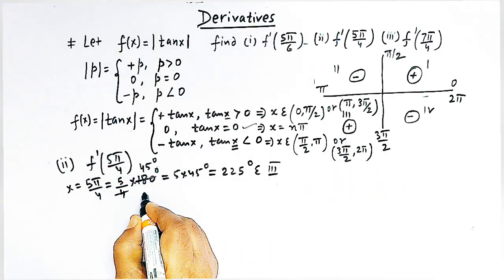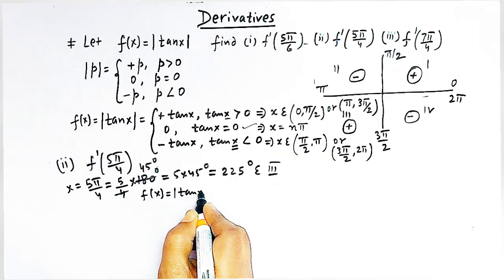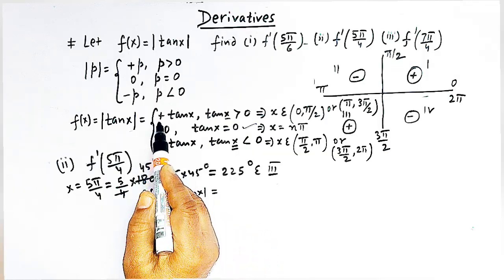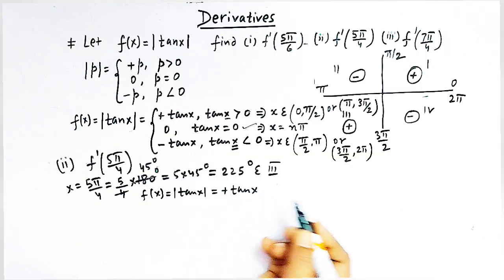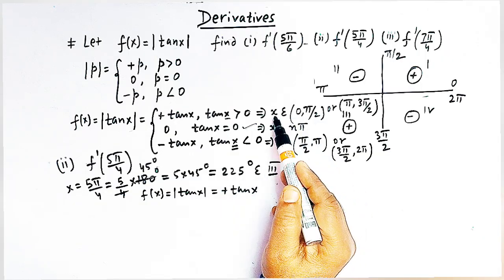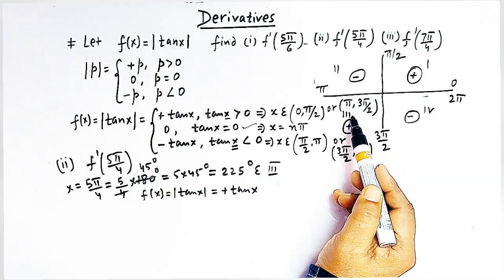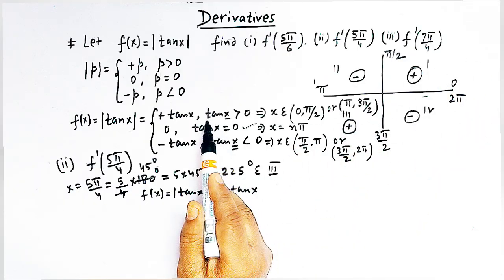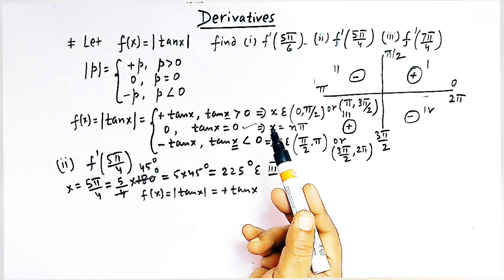So now we can write f of x is equal to mod tan x, and this should be equal to a positive tan x, because the value of x lies in the third quadrant, and in the third quadrant the tangent function is greater than 0, that is positive.